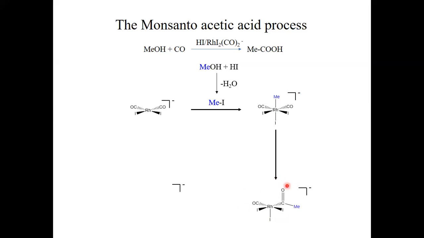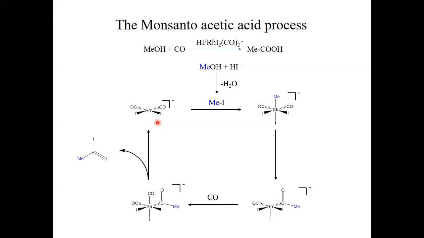Now, what can happen to this species? It can pick up another CO because we have created a vacant site and we have carbon monoxide in our system. And in the next step, we can reform the catalyst under the reductive elimination of acetyl iodide.